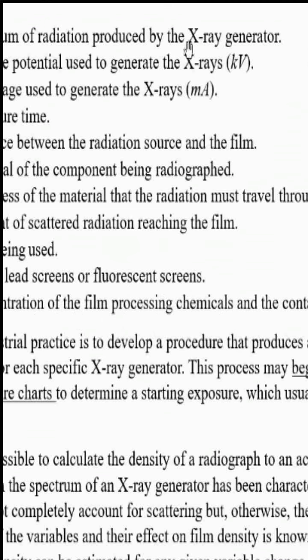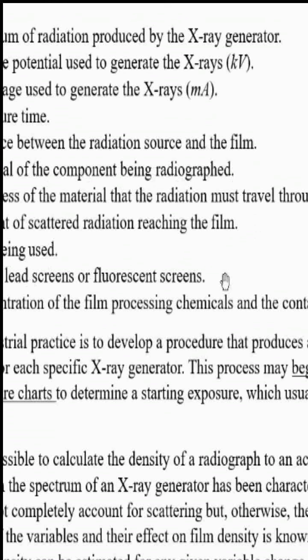So these many factors are affecting. Now where do we have control? We can control the distance between source and film. Material of the component, it is fixed, we don't have control. Thickness of the material, don't have any control. Amount of scattered radiation, don't have any control. Film, yes, we have control.